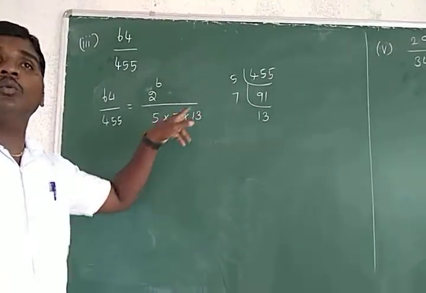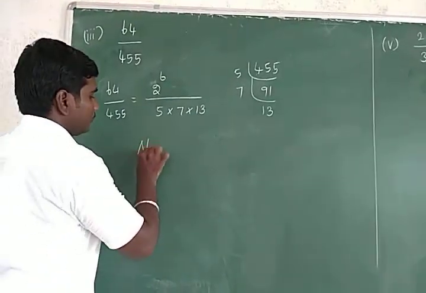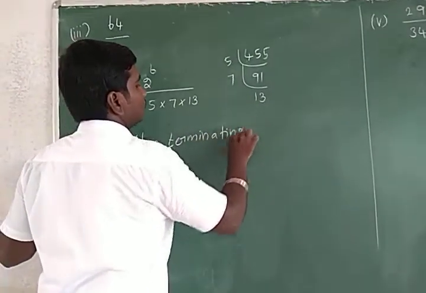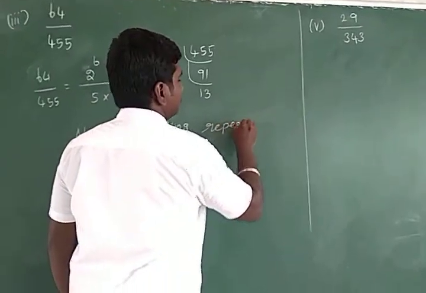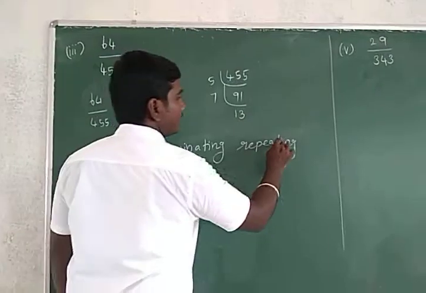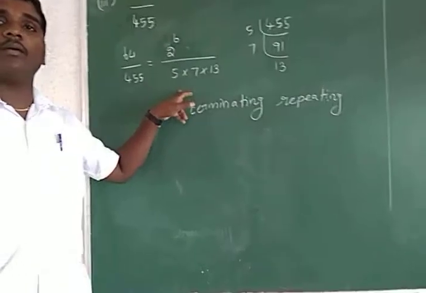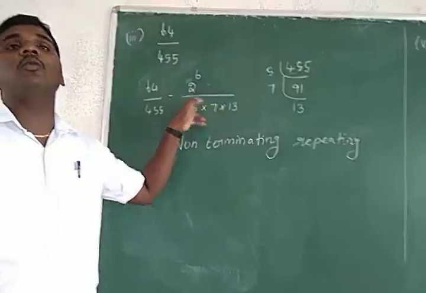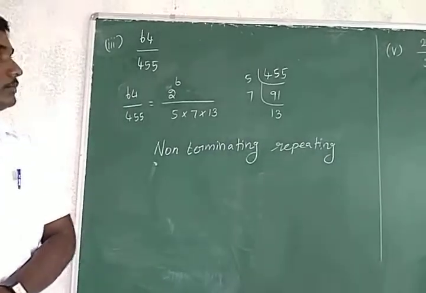Other than 2 and 5 we have other prime factors, so surely it is non-terminating repeating. Are you clear? Why? Because we need 2 or 5 or both 2 and 5, and here other prime factors are there. So non-terminating repeating.